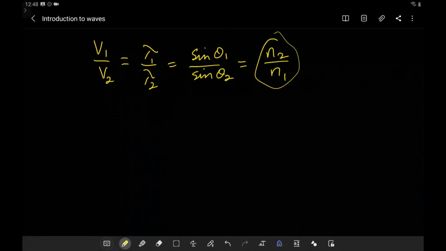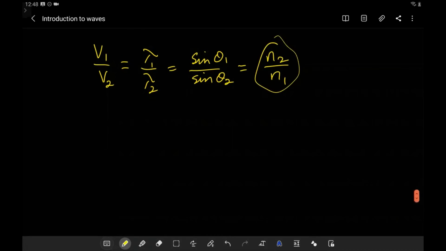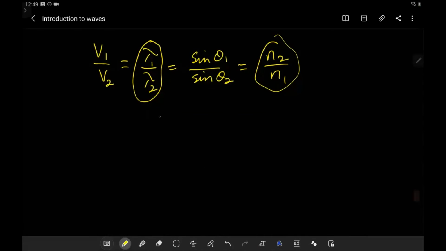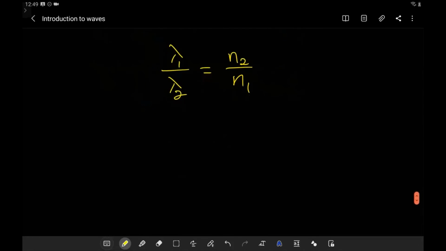So we would just take the ratio. The easiest one that I see right now is lambda 1 over lambda 2 equal to n2 over n1. So we have the n2 over n1.